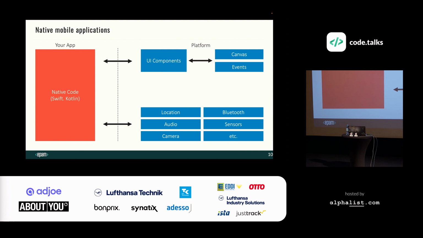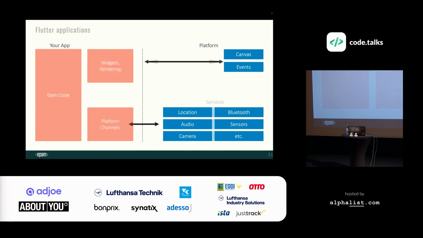And there are native UI components provided by the platform, like buttons and all other kinds of UI elements that can be used by the developer. The developer just adds native UI components to the application, and the platform renders them. The developer can call services from the platform directly.